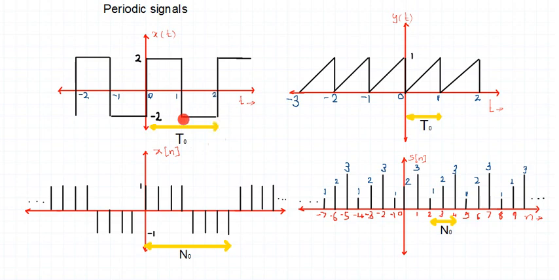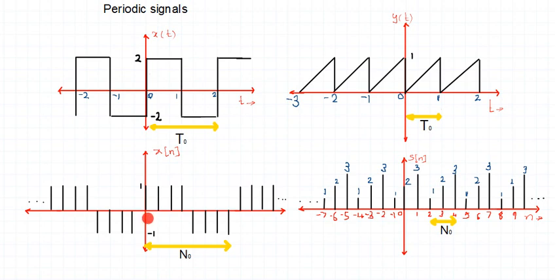We identify the time after which the signal repeats and call it the period of the signal, T0. Similarly for the second figure, after the time period 0 to 1, I see that the signal repeats. So this positive period is called T0 of the signal, after which the signal starts to repeat. Similarly, you can identify it for DT signals also.